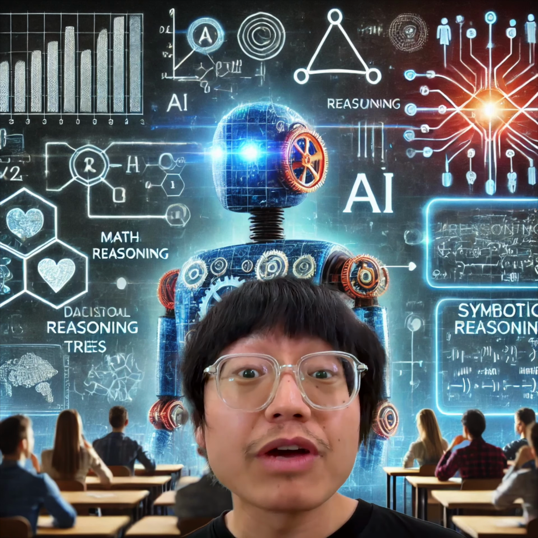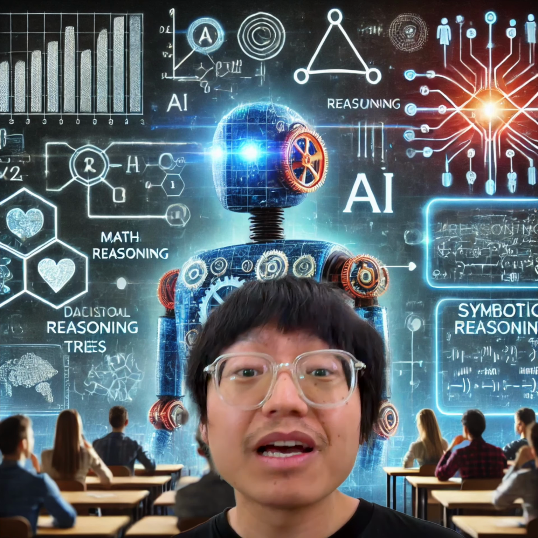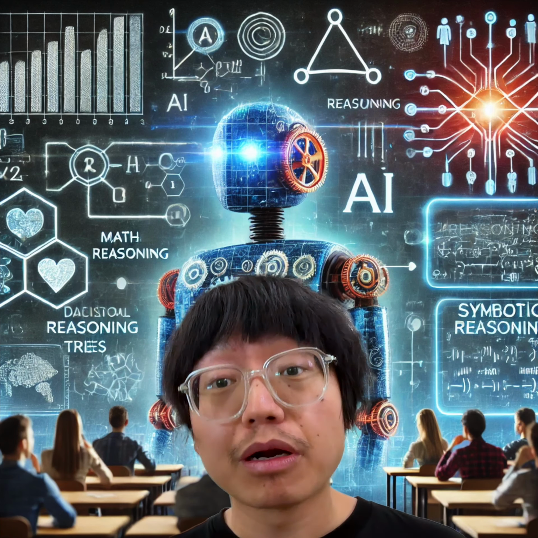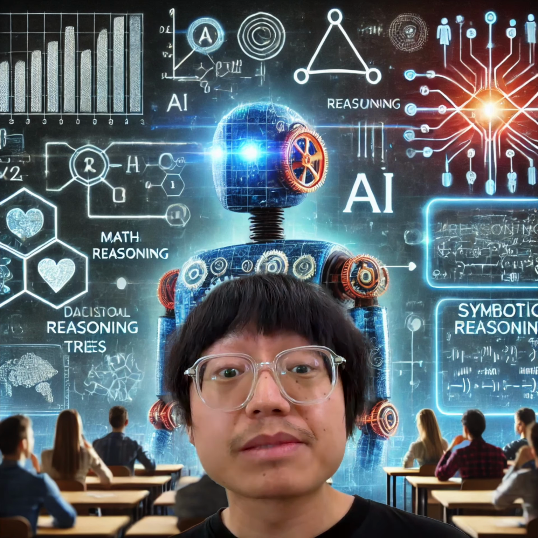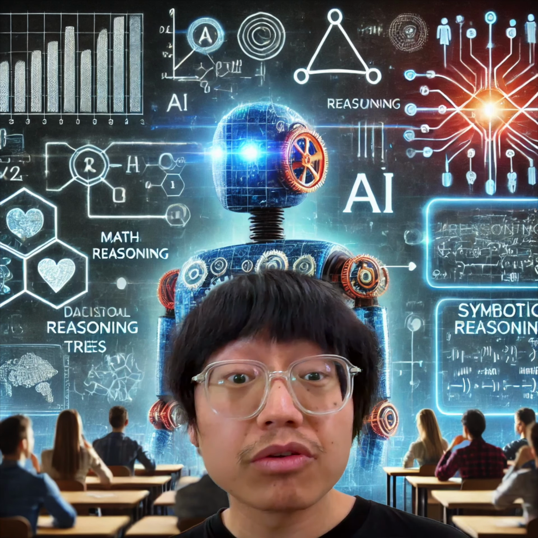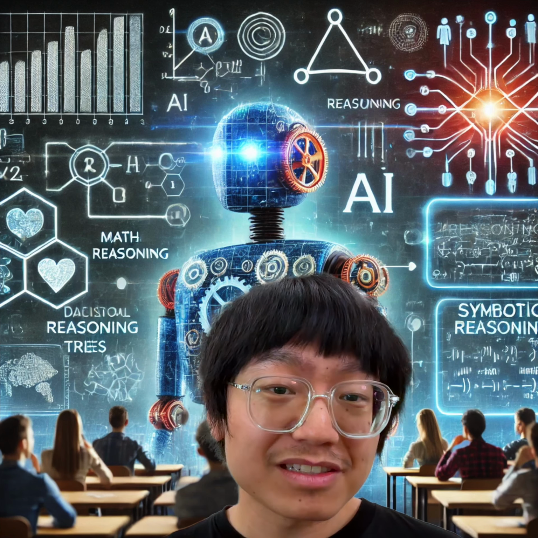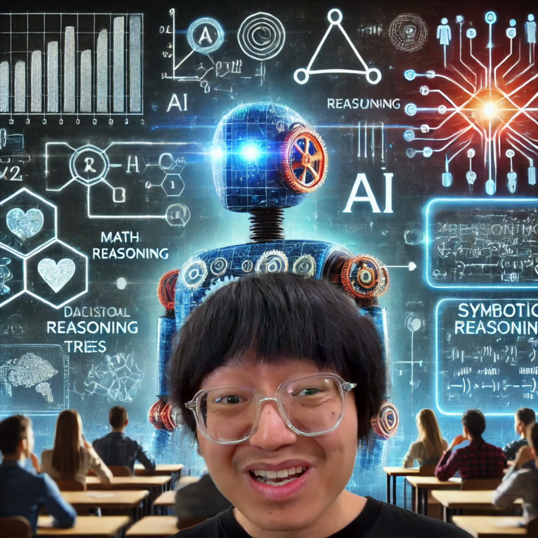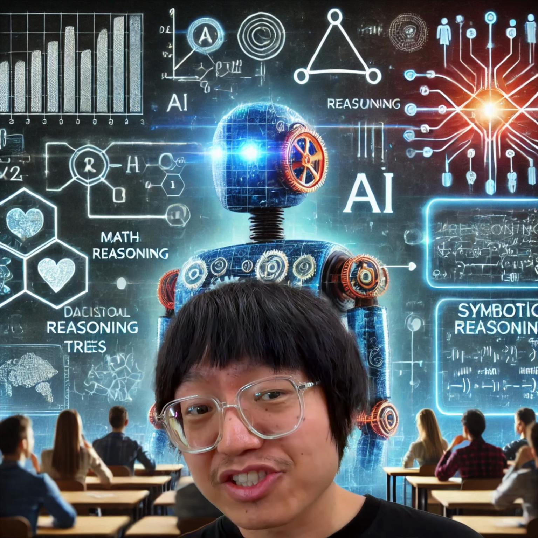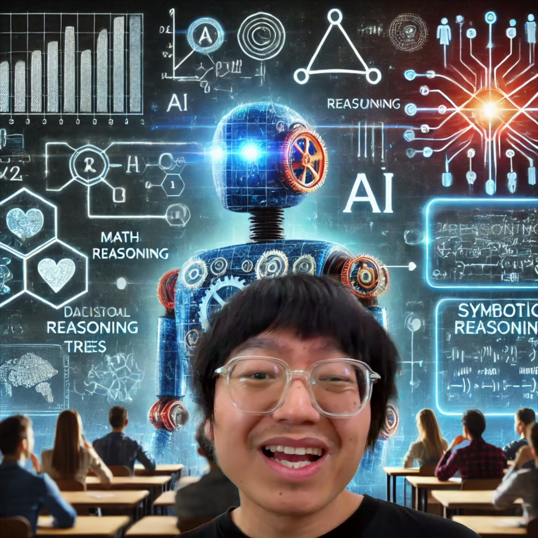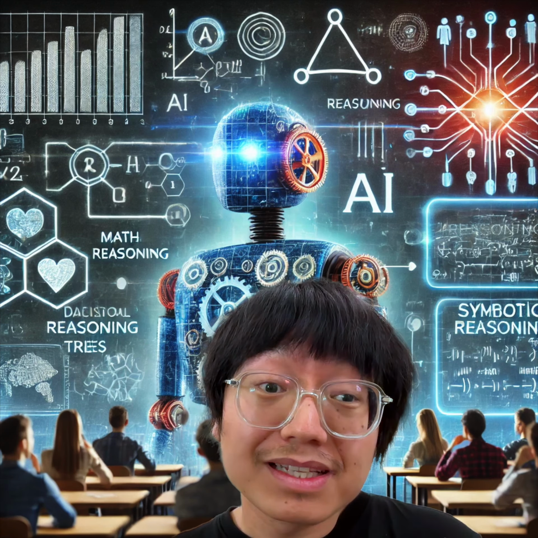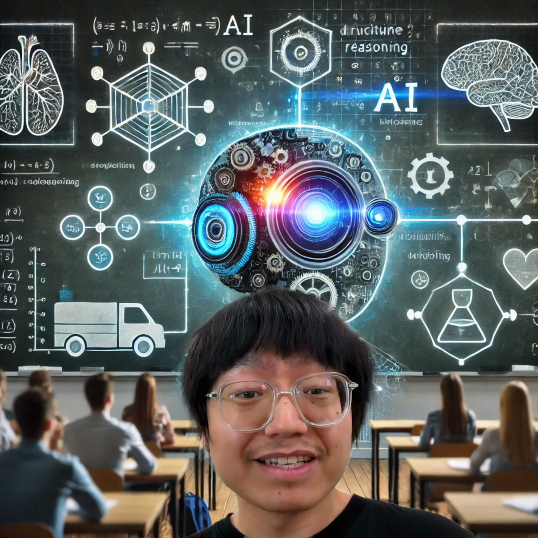This type of rationale generation has applications beyond math problems. The first is explainability in AI. For an AI system to be trusted, it must be able to explain how it arrived at a decision, especially in high-stakes fields like healthcare and finance.